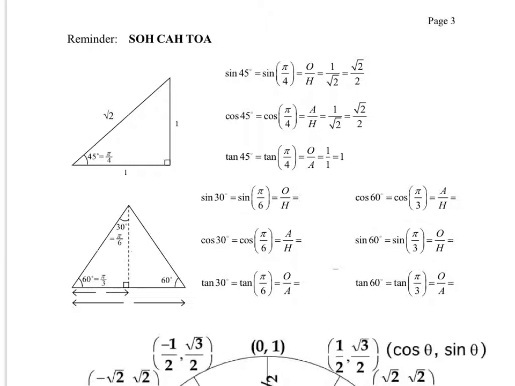Now, what we can say is we can call the length of each of the big sides there 2. So we've got 2 there, we've got 2 there, and we've also got 2 over there. Now, if that's the case, then this side way down here is going to be half of that, half of 2, which is going to be 1.